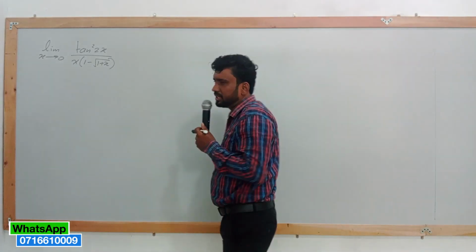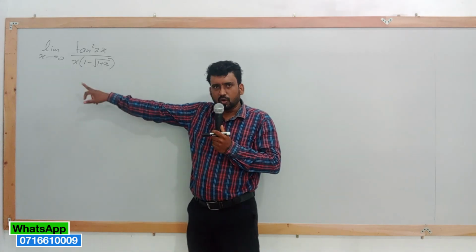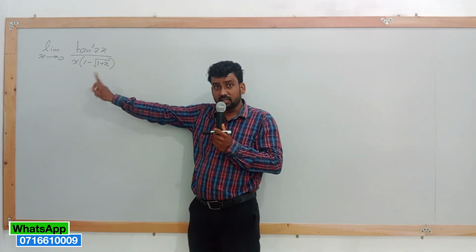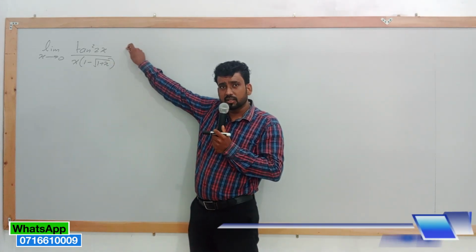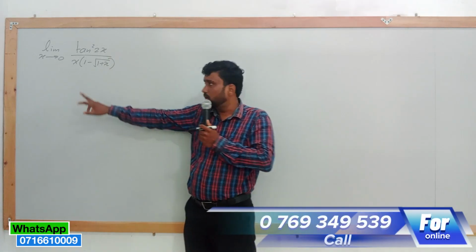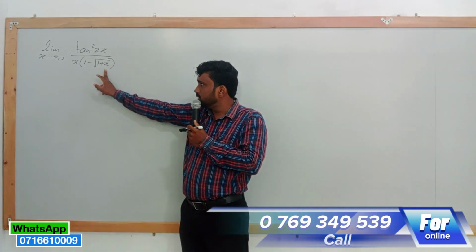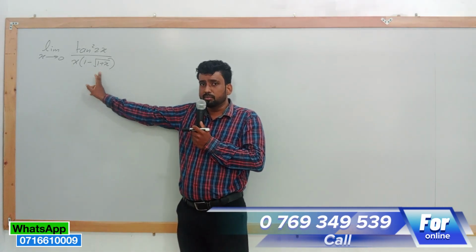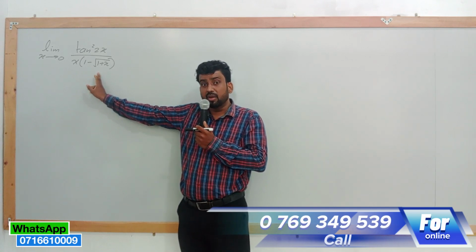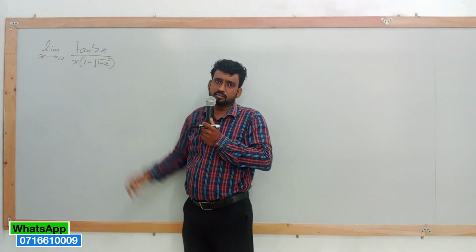First we have to do the calculation. When x equals 0, tan square 2x equals 0, the x is 0, and 1 minus root 1 is also 0. Everything is 0, upside 0, downside 0.